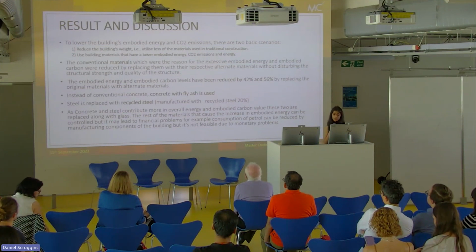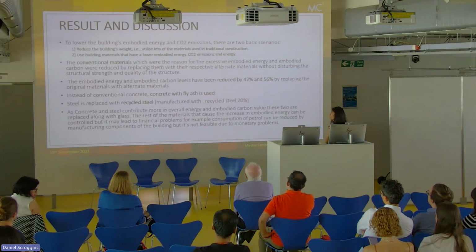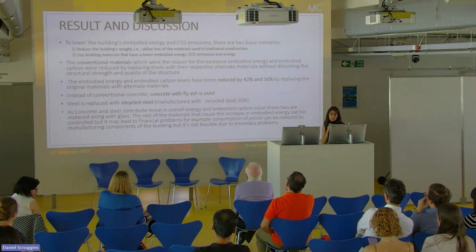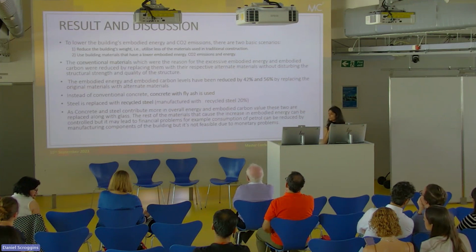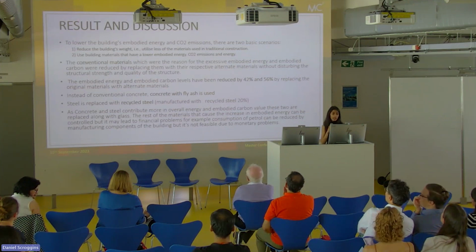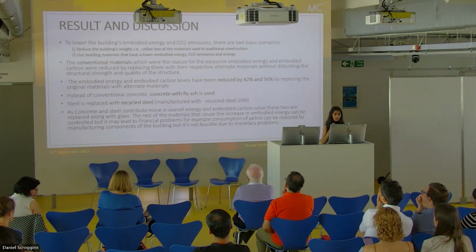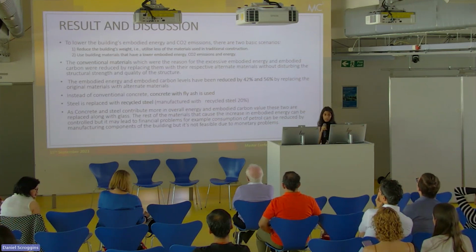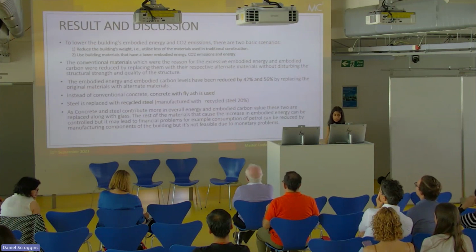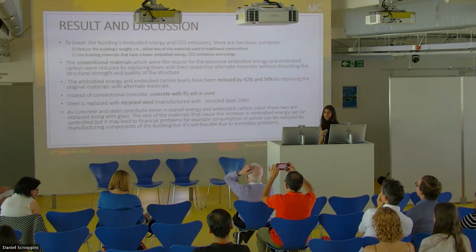What I found with my results was a decrease of 42 to 56% by replacing the existing materials with the alternative materials with my research. Ultimately, the best alternative solution for the concrete was found to be fly ash, and for the steel, it was found to be recycled steel. Thank you.